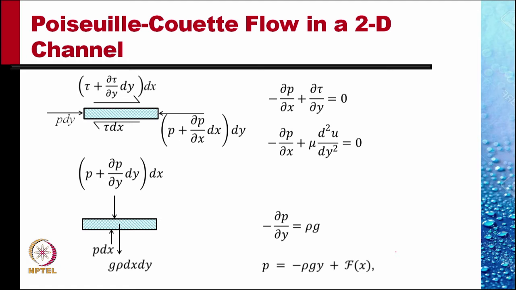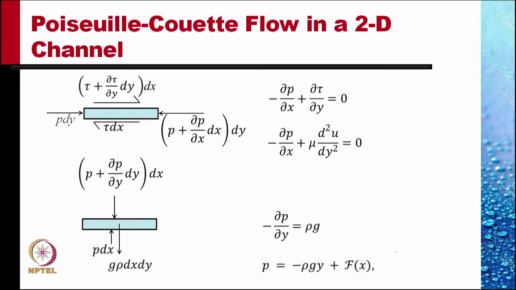Simple integration of this would give you P is equal to minus rho gy plus some function of x, because it's only the partial derivative with respect to y that is rho g. So when we integrate, a function of x or a constant can be added.